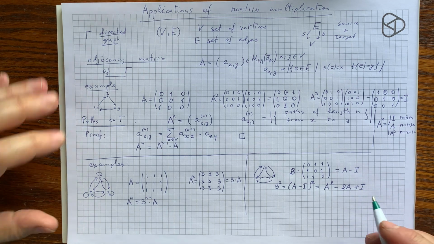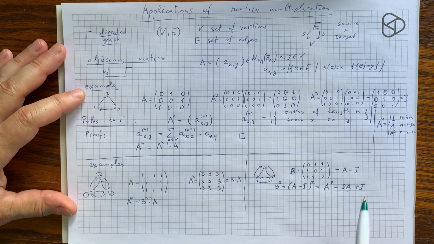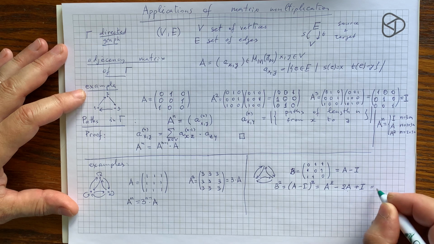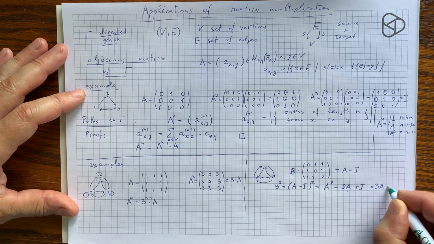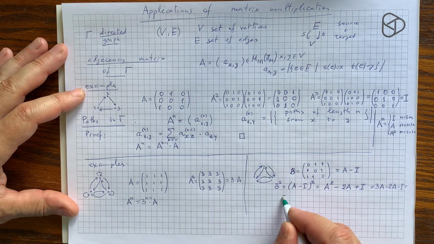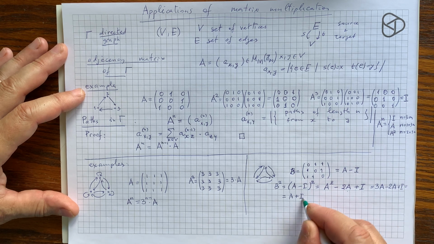The square of A minus twice A plus identity. The square of A is known to me now, it is 3A, so I can put it in here and see what happens. It will be just A plus identity.